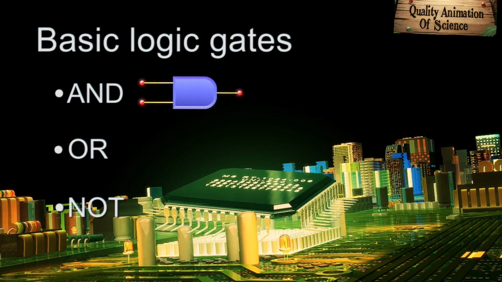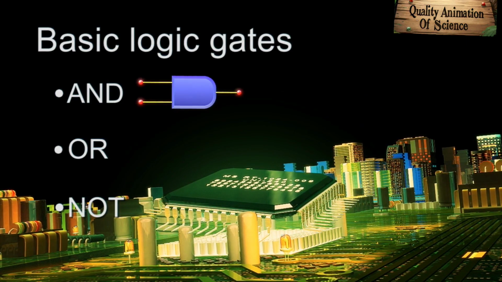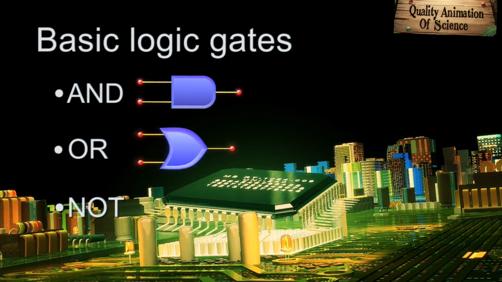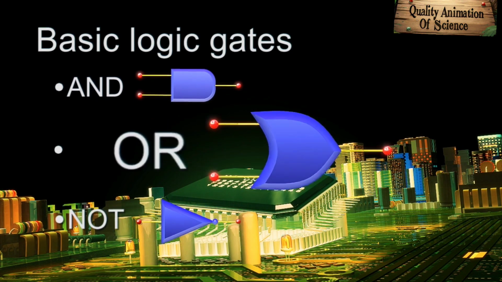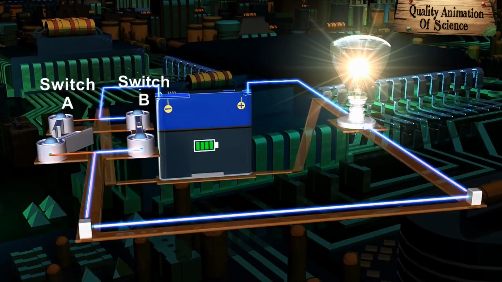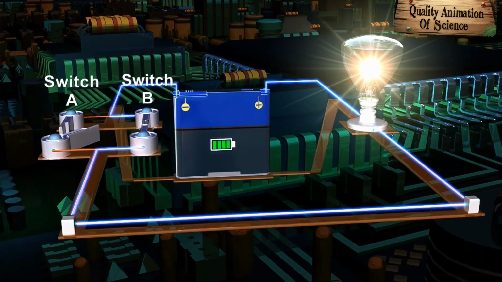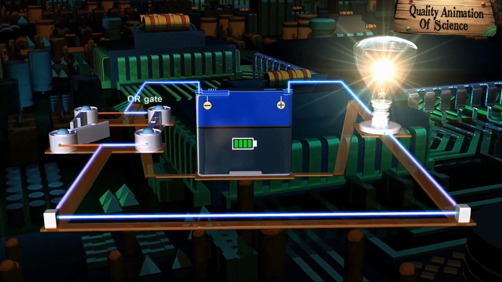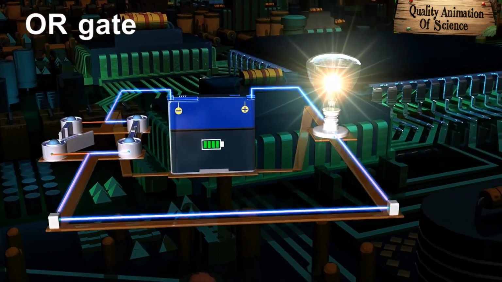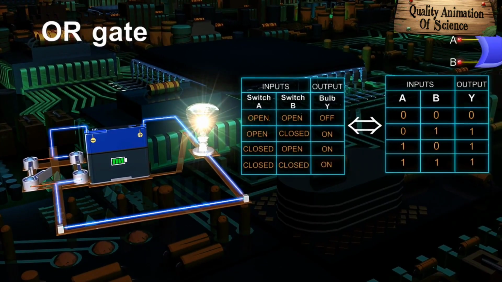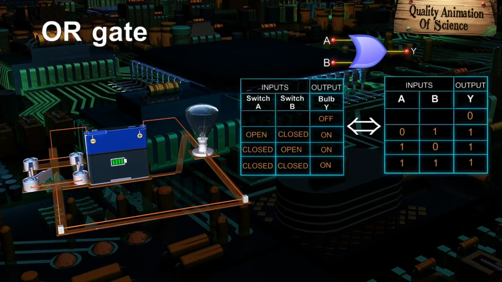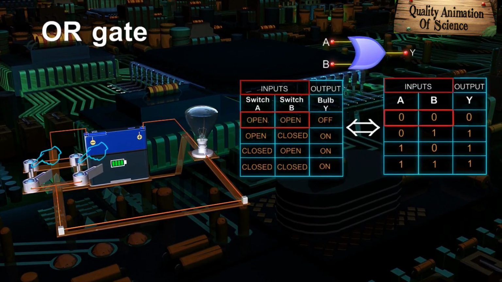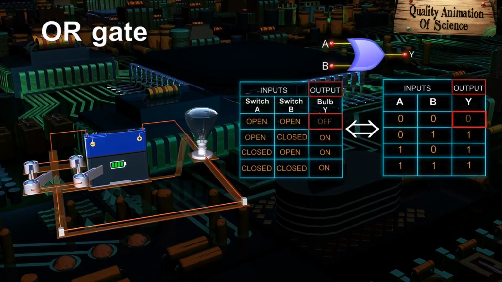Like the AND gate, there are two more basic logic gates called the OR and NOT gate respectively. OR gate. This circuit is an analogy of the logic operation of an OR gate. In an OR gate, when inputs A and B are 0, respectively, the output is 0.